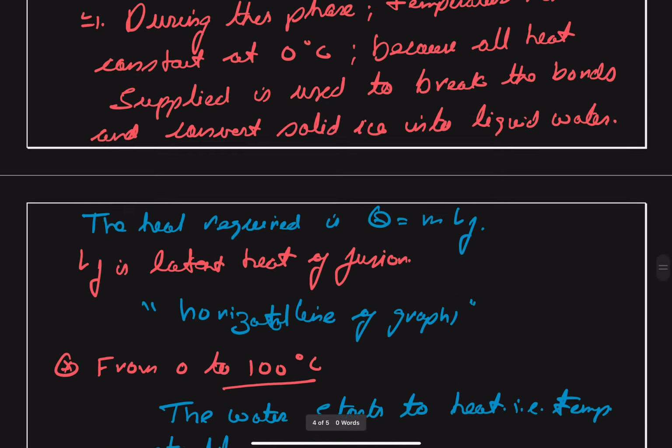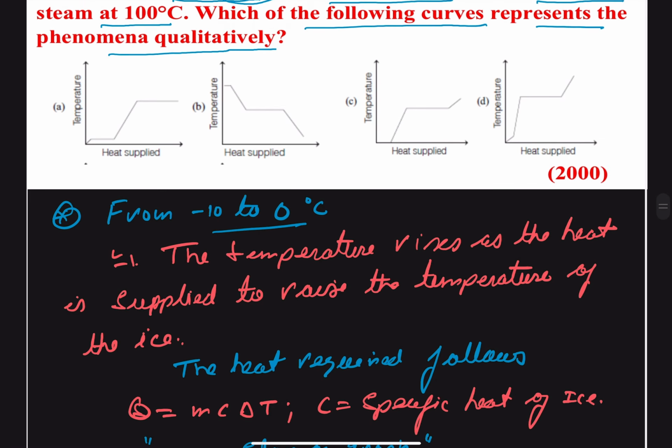So if we check the graphs, B is not an option because it is a negative slope graph entirely. C is also not an option because there is some delay when the heat is supplied and temperature rises. And D is also not an option because in this portion it has to be a horizontal slope.